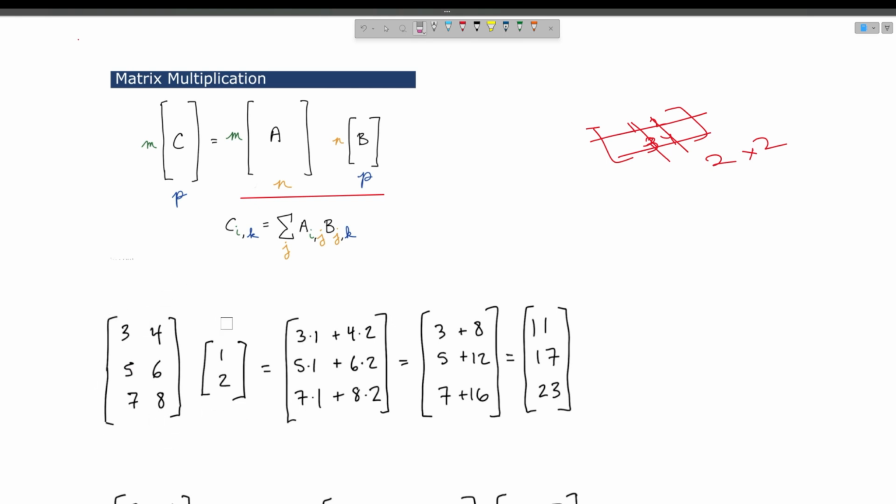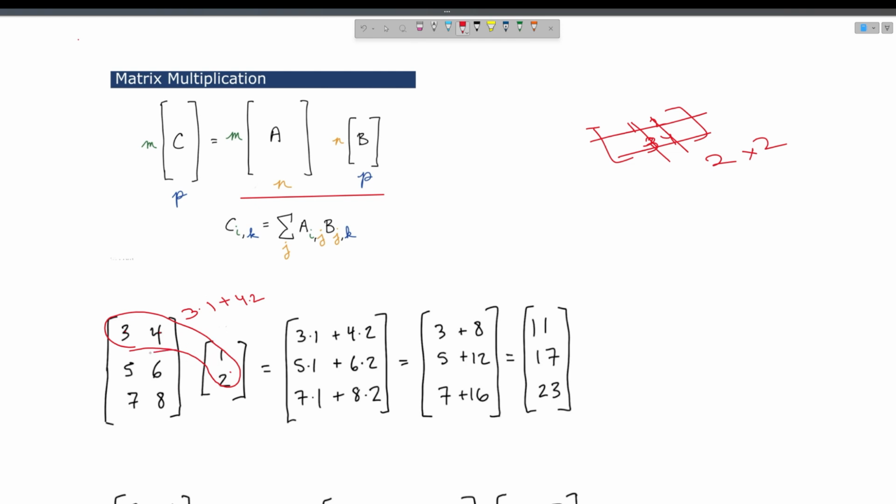Let me read it again. So first 3 into 1, then we add 4 into 2. Then done. Now talking about the second one.